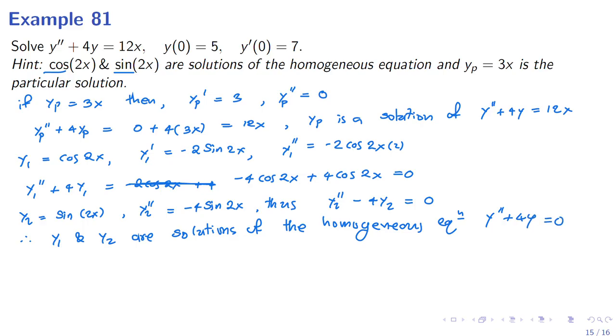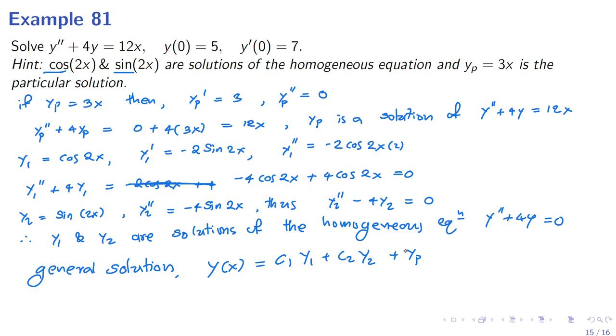Now, with this information, we can write down the general solution of the given ODE. The general solution will be y of x equals a linear combination of y1 and y2, which is c1 times y1 plus c2 times y2, plus the particular solution.